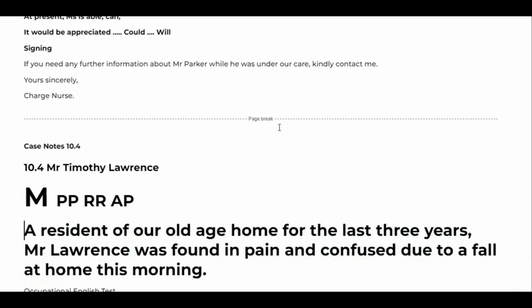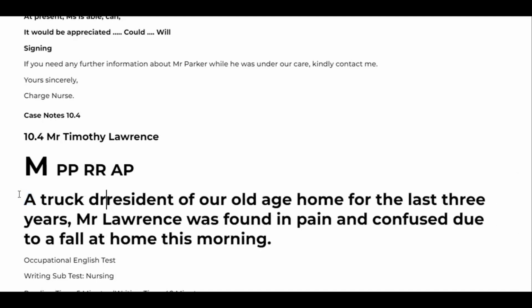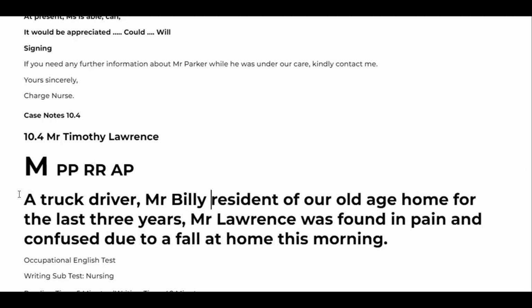I can show you some examples, like in the social history. When you write the social history, I'm going to show you this one now. A truck driver, comma, Mr. Billy. I mean, everybody knows Mr. Billy. I think all the nurses know Mr. Billy. He has been very famous in OET.